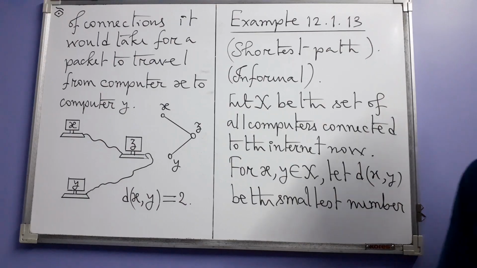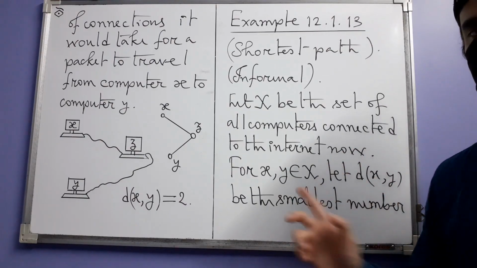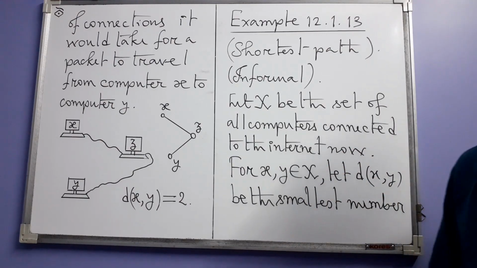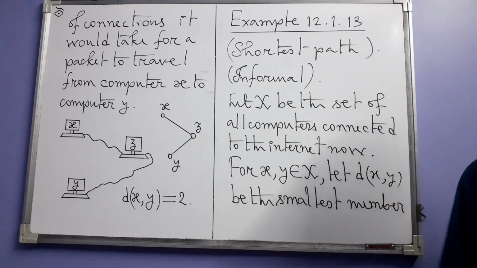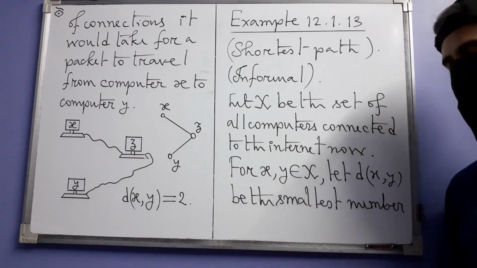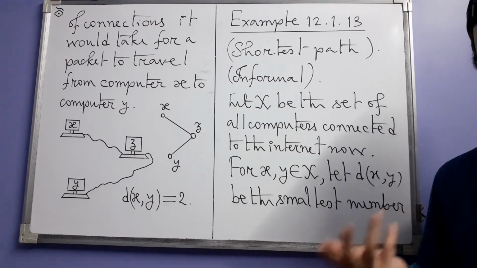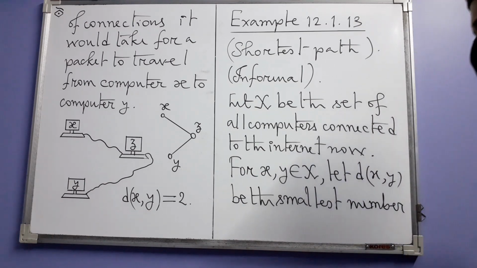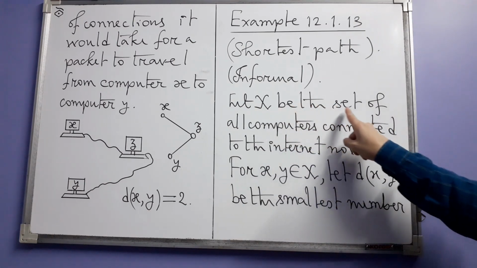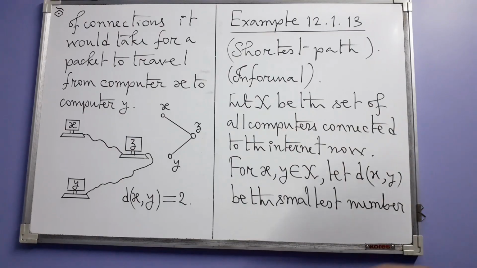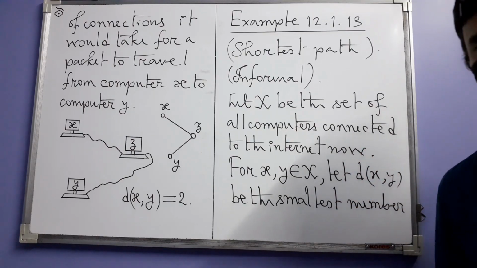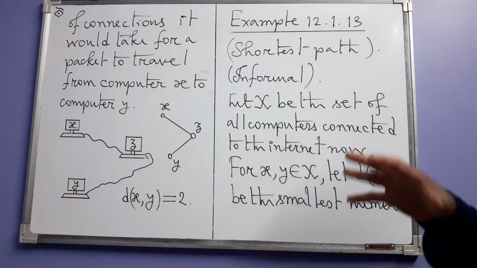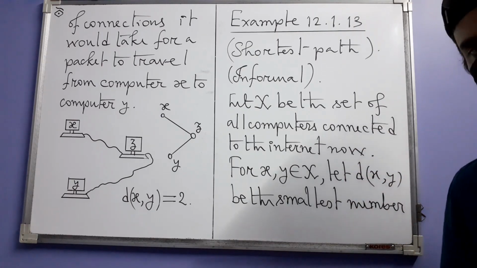And finally we have another informal example, and this one is called shortest path, in a sense that you will understand now. This is also informal because we are just simply going to discuss something and we won't really go too deep into this. Say X is the set of all computers connected to the internet right now. Some of the computers may not be connected, but X is the set of those that are connected right now.